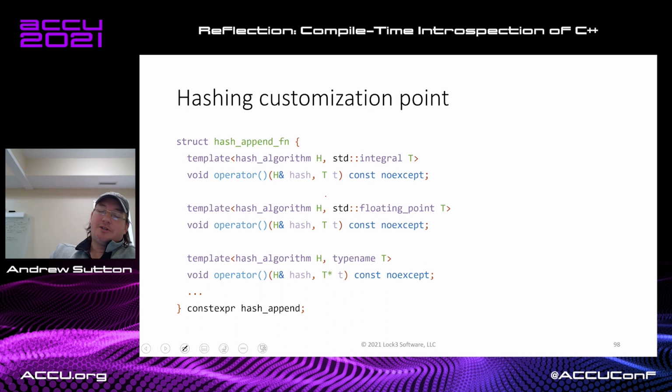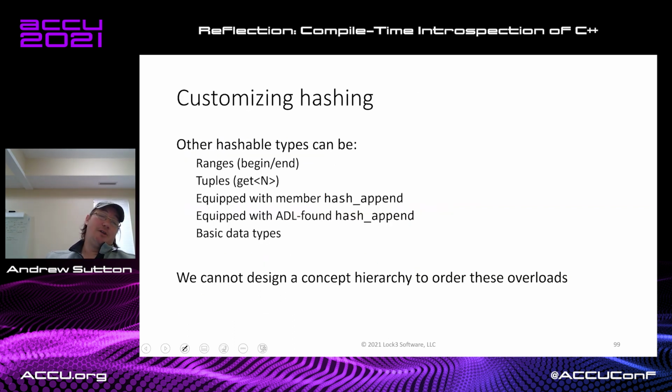So if we want to manage classes, like everything else, we have to think a little bit more carefully. Our other hashable types can be ranges, which are usually classes. They can also be arrays. We have tuples. We have classes that have a member hash append. We have classes that have hash append that might be friend function definitions, or they might be declared in the class's namespace, but they're not in lock3.